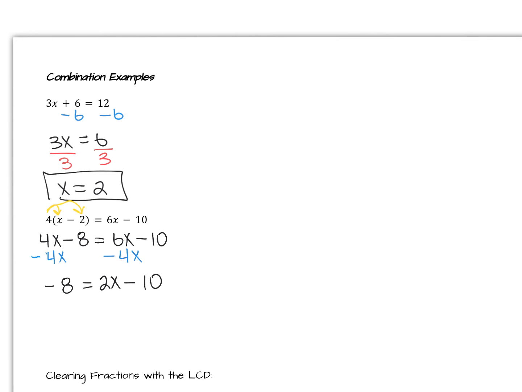I always like to solve so that I'm keeping my variable positive instead of negative. Next, I'm going to move the 10 by adding 10 to both sides. I'm going to get 2 equals 2x, and then my last step is going to be to divide by 2, so we get that x equals 1.